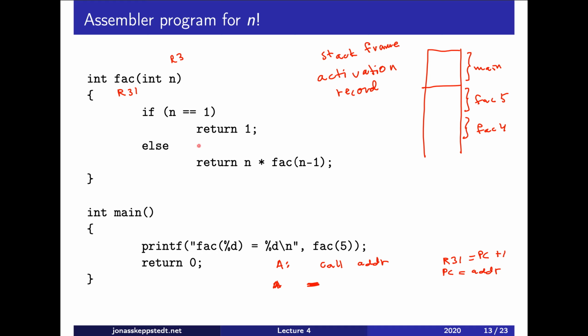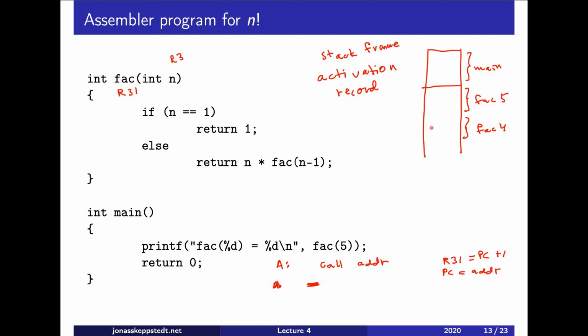So we need to save parameters and the return value. Then when we return, we read this value in the place where we stored it.